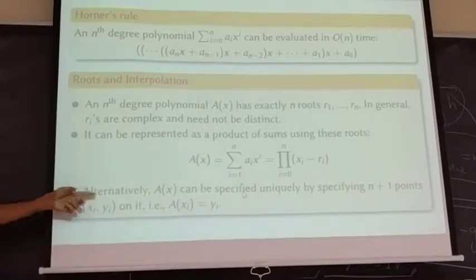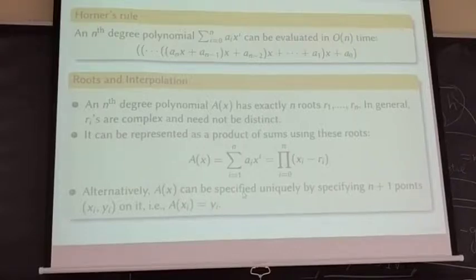So you can also have a third possible representation of a polynomial, which basically consists of xy pairs. You say for this value of x, this is the value of the polynomial. If you think of the polynomial as representing a graph, if you choose n plus 1 points, that will uniquely define the curve.